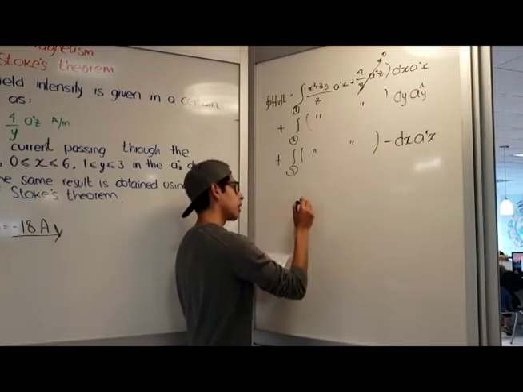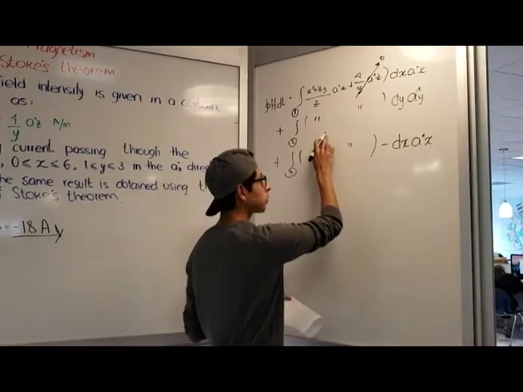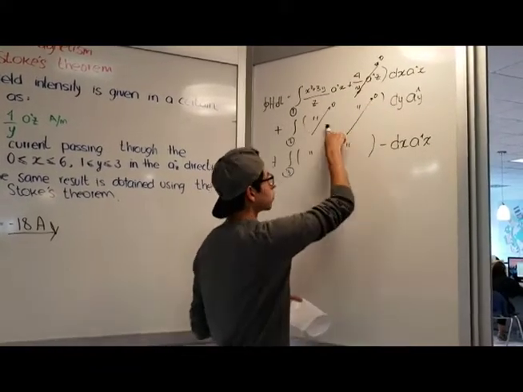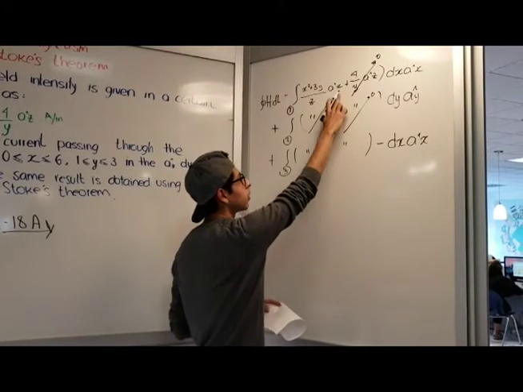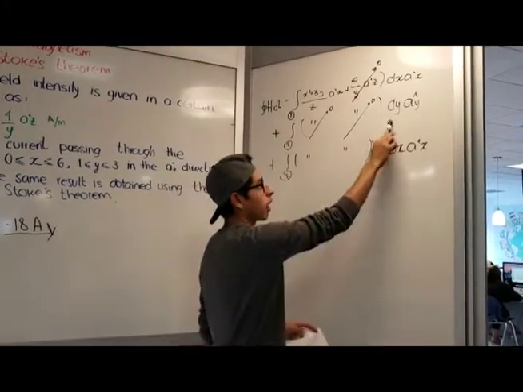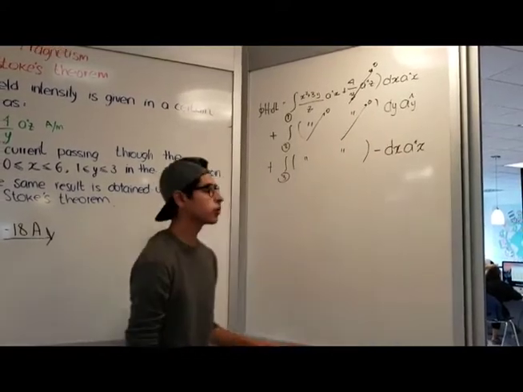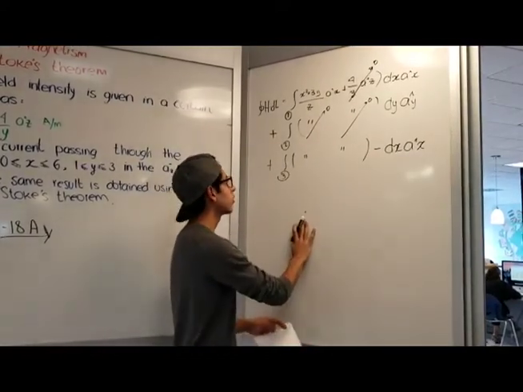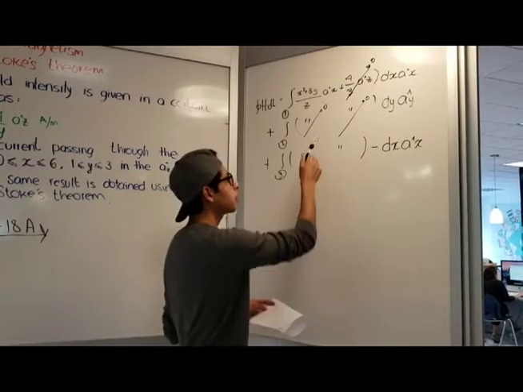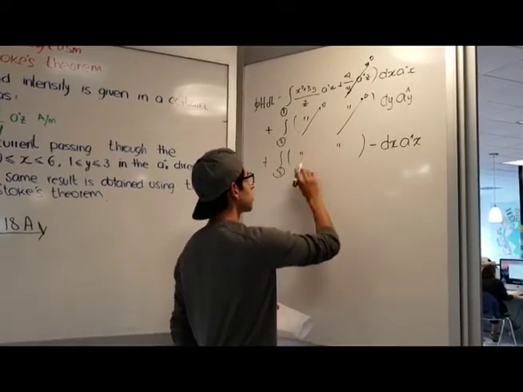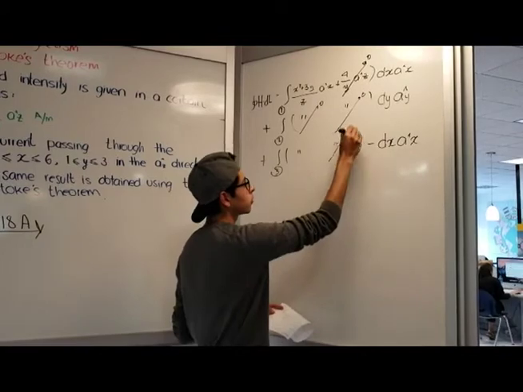And for example, in the second one, we can put this to 0 because we have a direction to x, and we don't have here a direction to x. And this one is a direction to z, and we don't have here a direction to z, so it goes to 0. And on the third one, we have direction to x, so this part stays, and this part goes to 0.